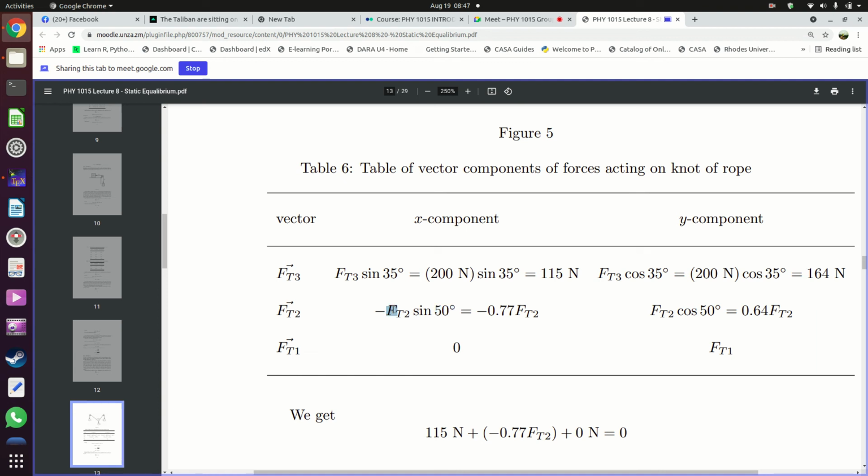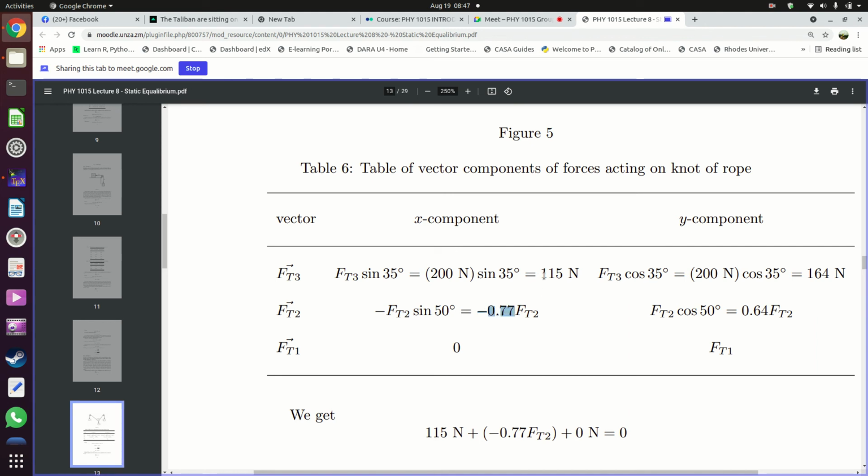So you scrap off this, it's going to be FT2 cos 140 degrees. Now the FT2 we do not yet know, but cos 140 degrees, you're going to find that cos 140 degrees is minus 0.77, which is what we have here.